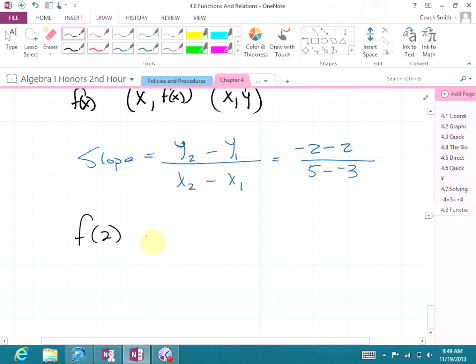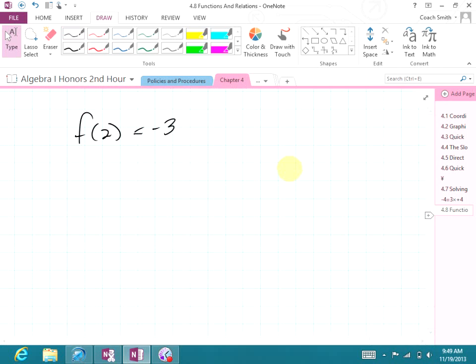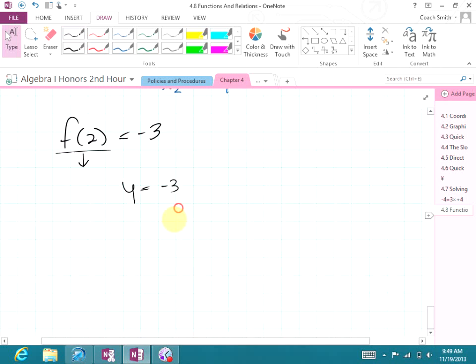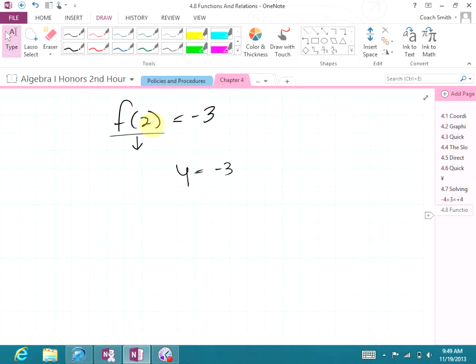Okay, let's look at this first one. This right here is the same thing as y equal -3. This value here represents x.